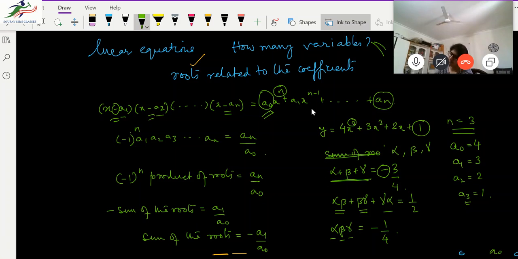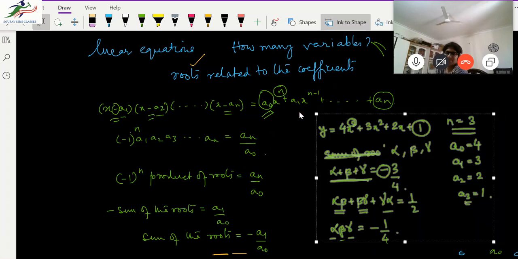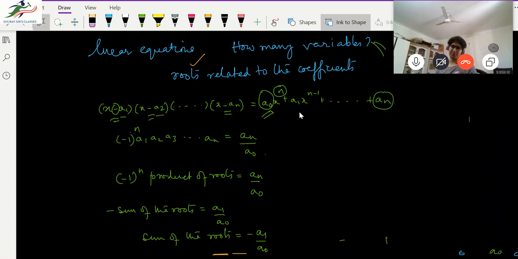Now just to make it simple, let me tell you one very simple thing to remember. If you have a quadratic equation, ax square plus bx plus c, and the roots are alpha and beta, then the sum of roots alpha plus beta will be minus the coefficient of x divided by coefficient of x square, b by a, right?